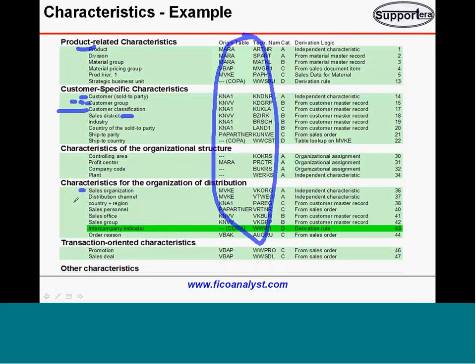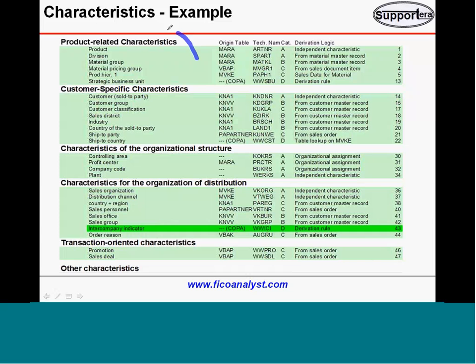So what I am trying to make you aware of is that this is not exclusive, right? It's an indicative list of what kind of characteristics you can have in order to analyze. But characteristics are not segments, right?